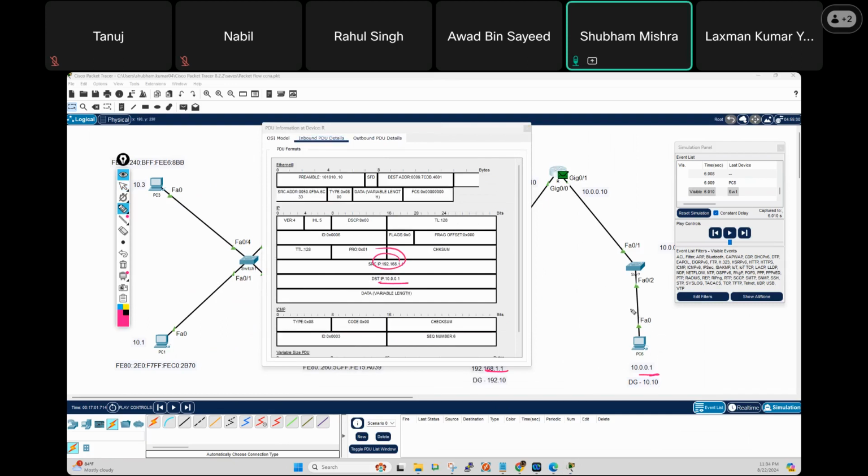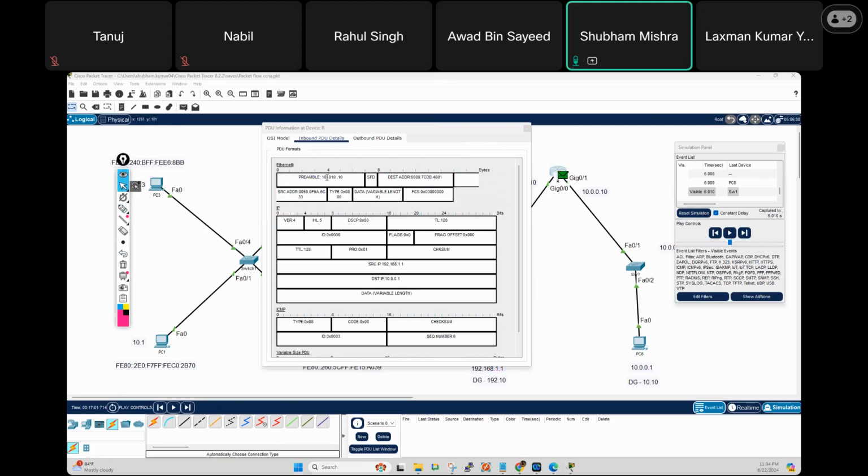Guys, what is the source MAC address? Source MAC address is PC number 5's MAC address. And destination MAC address is gig 0/0's MAC address. It means the default gateway MAC address. Are you clear everyone? Yes or no? Now this packet is on where?